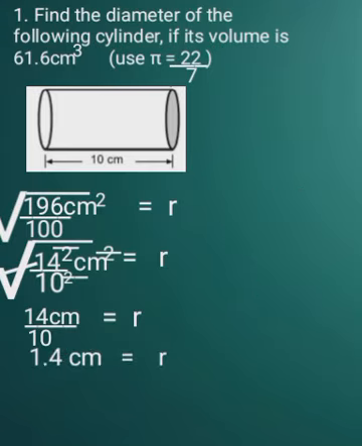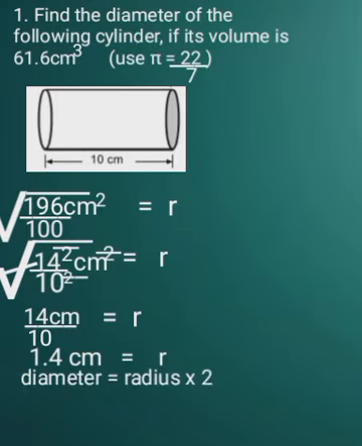So the correct r is equal to 1.4 centimeter. The question we are asked is to find the diameter, which is equal to radius times 2, r times 2.